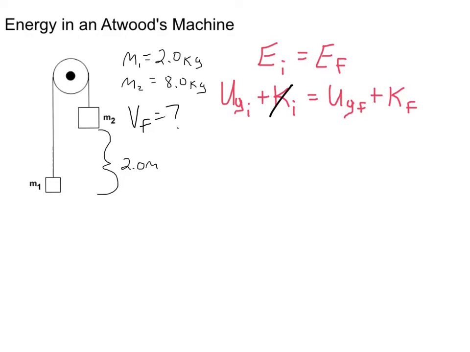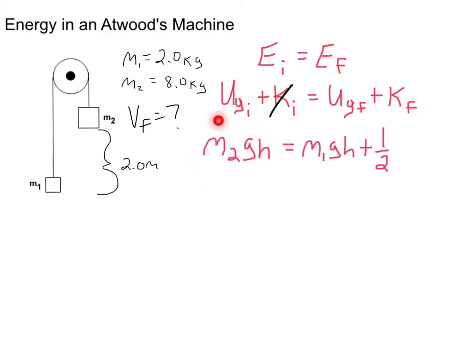Mass 1 does not have gravitational potential energy. So right before mass 2 hits the ground, it has all kinetic energy, and mass 1 has gained gravitational potential energy. But mass 1 also has kinetic energy because it too is moving. So at the end of this, we will have gravitational potential energy and kinetic energy.